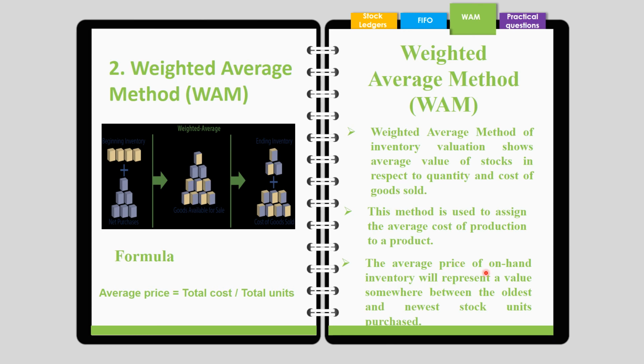The average price of on-hand inventory will represent a value somewhere between the oldest and the newest stock units purchased. I hope now it is clear what is the meaning of weighted average method through these definitions, also with this picture presentation. Even for the price, it is clearly mentioned here that through this formula we can derive the average price of the newer and the older stocks.